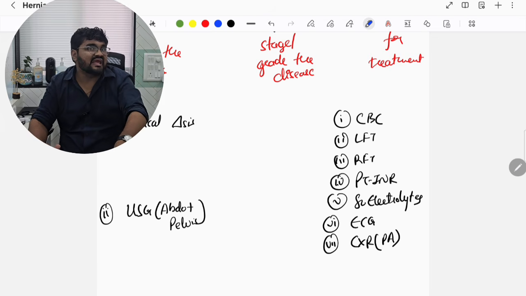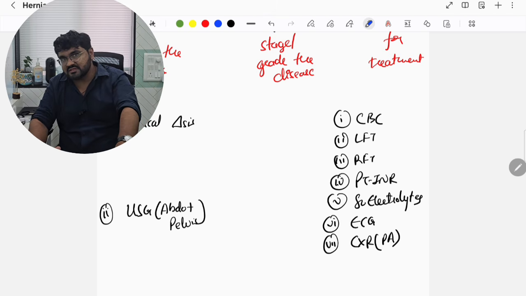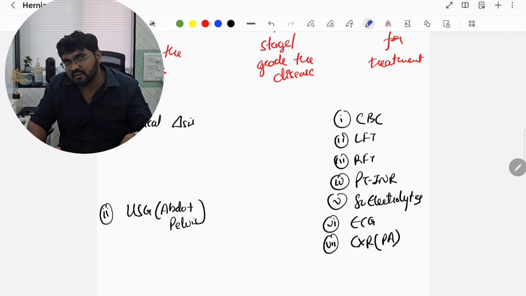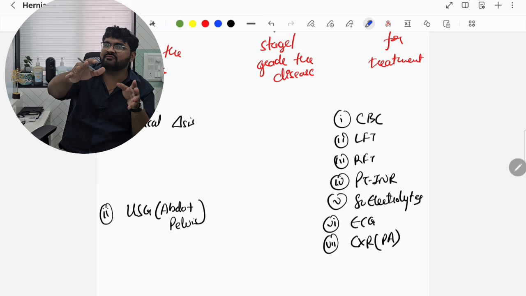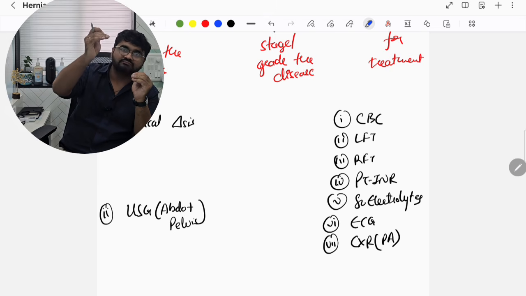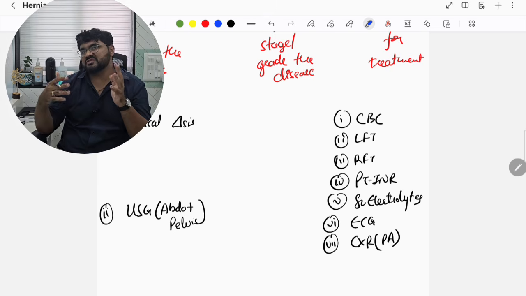Because if this is deranged, there are high chances that you might have to postpone the surgery, the primary treatment. Why? Because if you do not manage the sugar levels and get the HbA1c around 6.5 to 7, you will face wound infection and other complications after surgery.